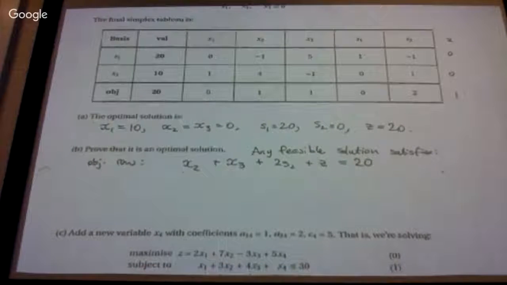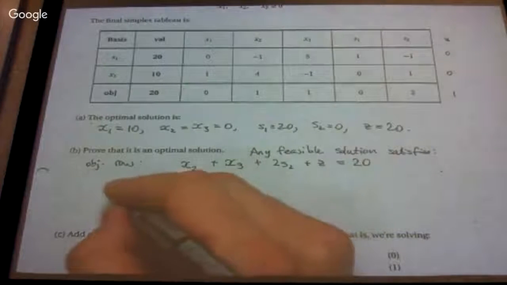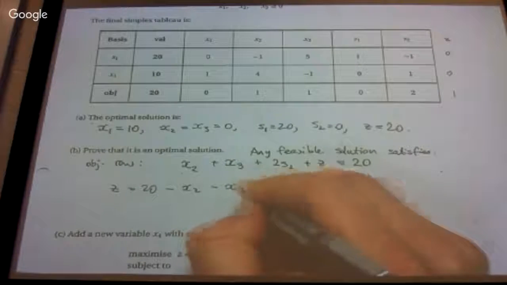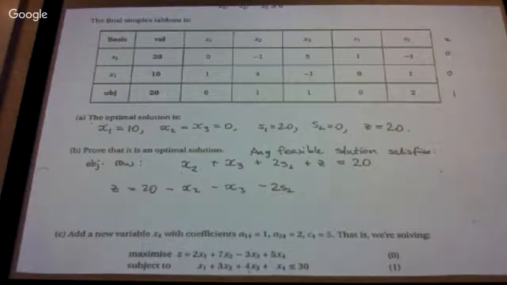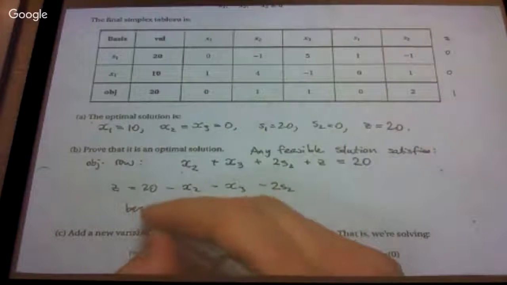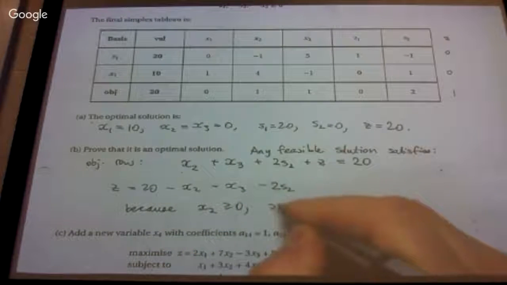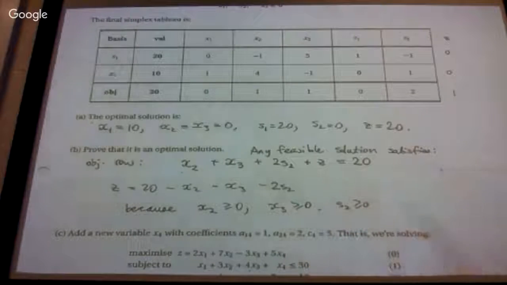And if you put z to one side and everything else to the other side, you get that z equals 20, take away x2, take away x3, take away 2s2. But you know that x2 is non-negative, x3 is non-negative, and s2 is non-negative.